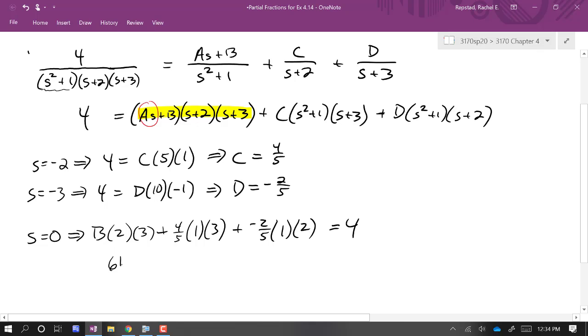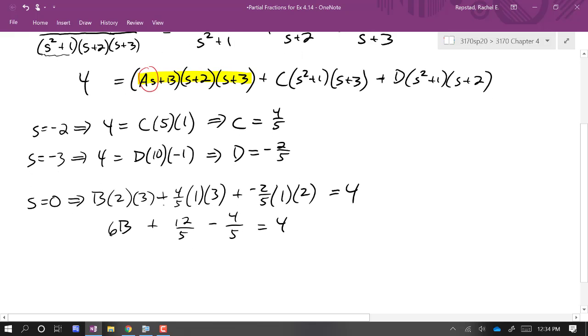So now we have 6b plus 12/5 minus 4/5 is equal to 4. So 6b plus 8/5 is equal to 4.